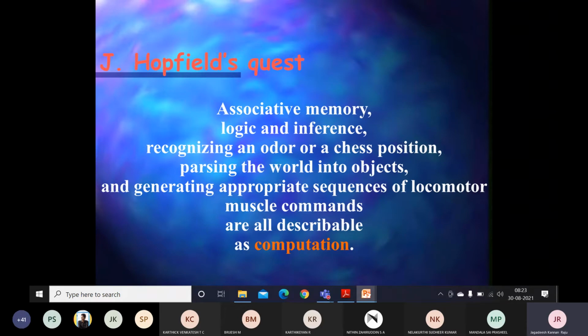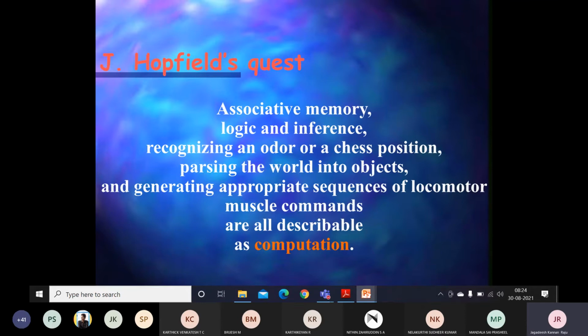Whenever you play chess, to decide which coin has to be placed next, you need to think of the future moves also, and remember the chess positions.